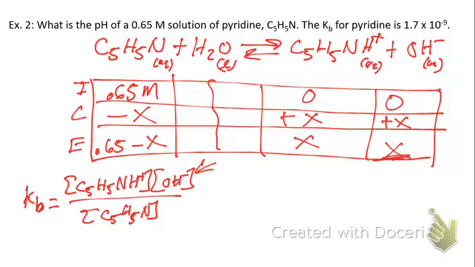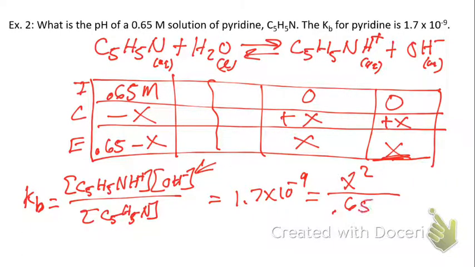So we plug it into our equilibrium expression. The Kb value, 1.7 times 10 to the minus 9, is equal to x squared over 0.65. And I can use the approximation method and ignore that x because our Kb value is very, very small.